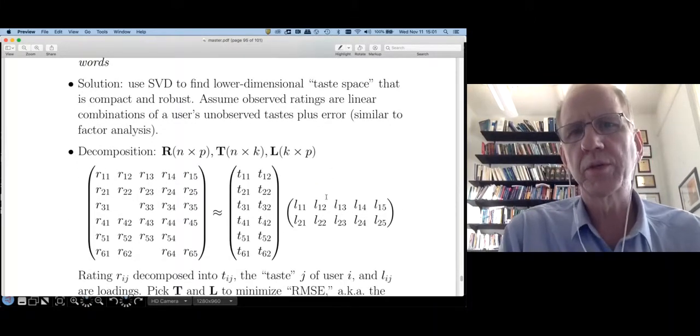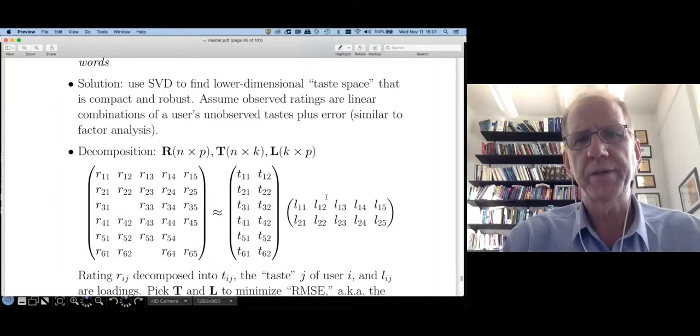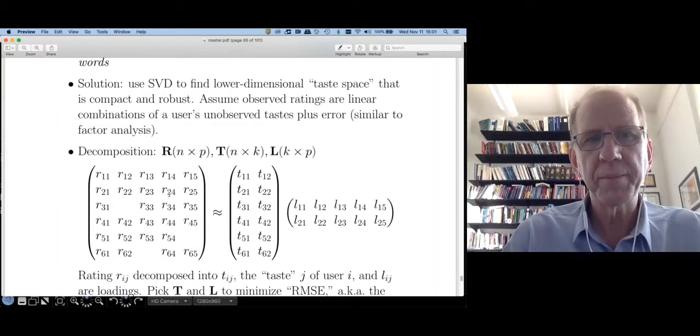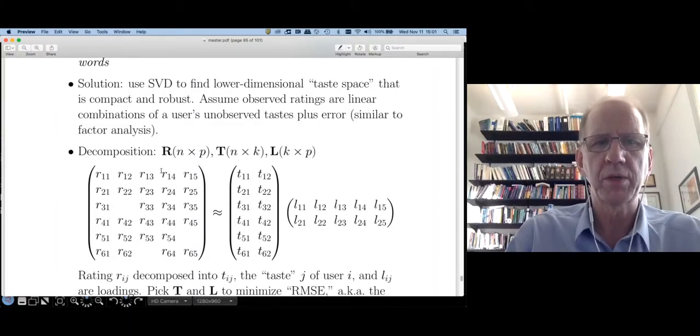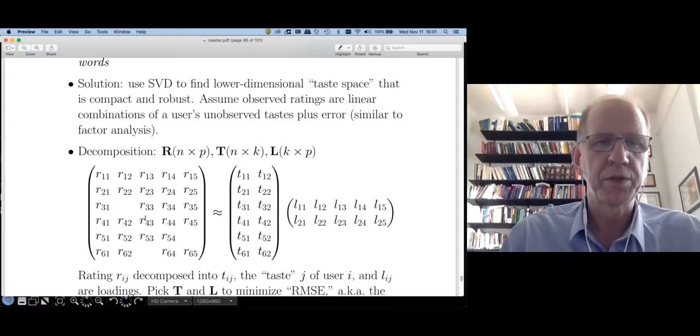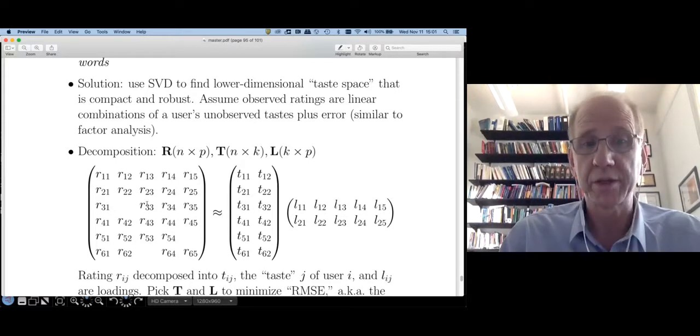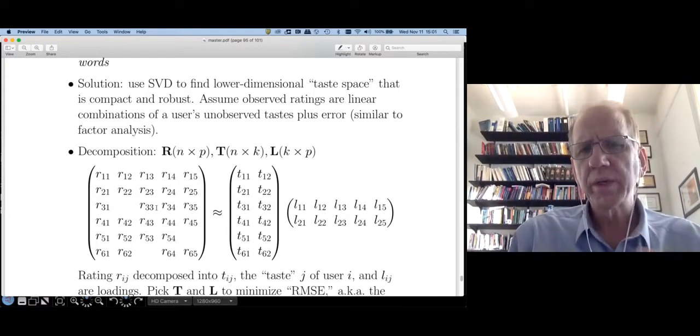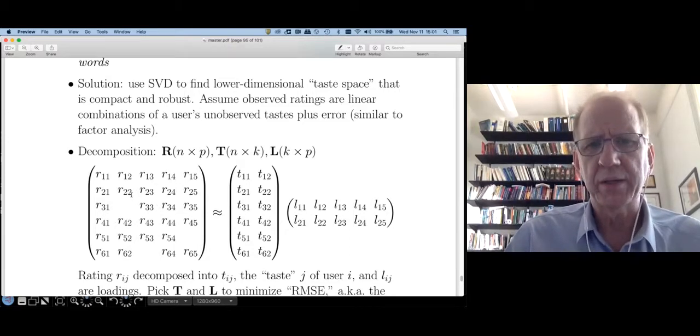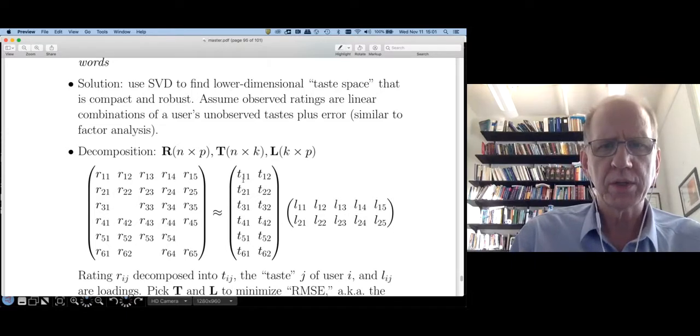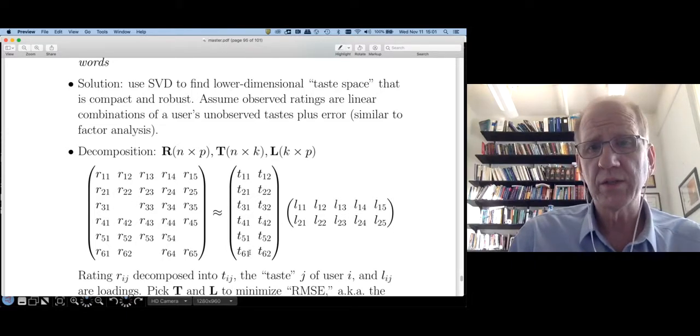The solution we're going to find is to take our ratings matrix. So here's a ratings matrix. Notice my ratings matrix does have a few missing entries. Of course, in practice, there'd be lots of missing entries in this. We're going to decompose this ratings matrix into two parts. The two parts are taste vectors and loadings.